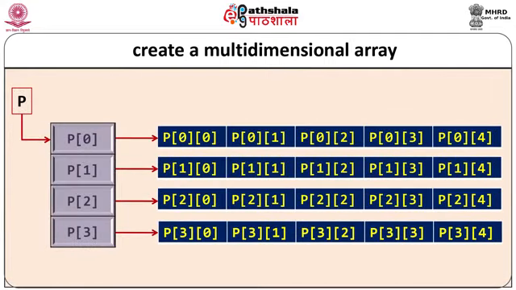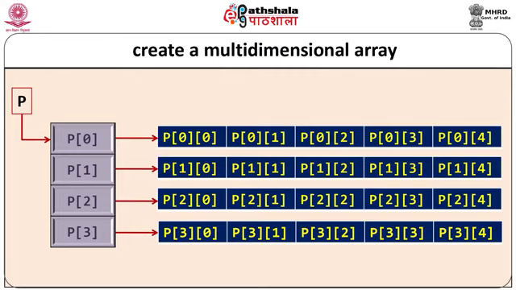You can see p is a pointer, and this p can be considered as p0, p1, p2, p3. In the p0 row, you will find a total of 5 elements like p00, p01, p02, p03, p04. Similarly, you will get p10, p11 up to p14.